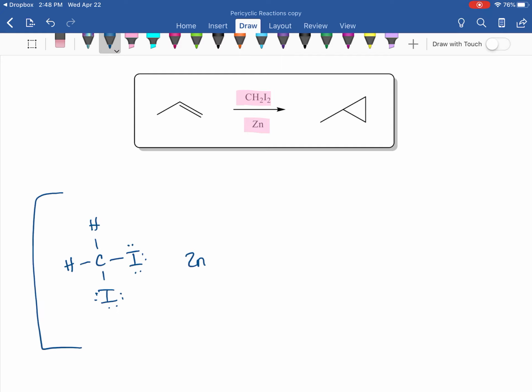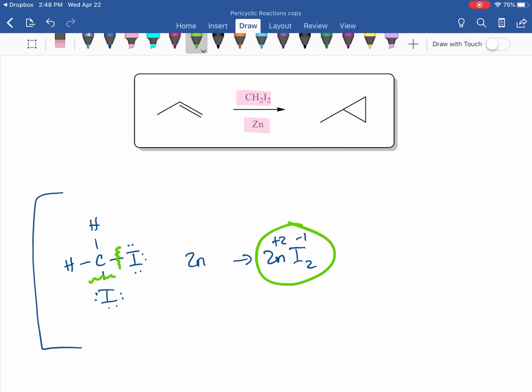Now remember, the whole point of organometallics is that those metals tend to react quite efficiently and very specifically. In this case, zinc is going to insert and steal those two iodines. So zinc will have an affinity for both of those iodine compounds.